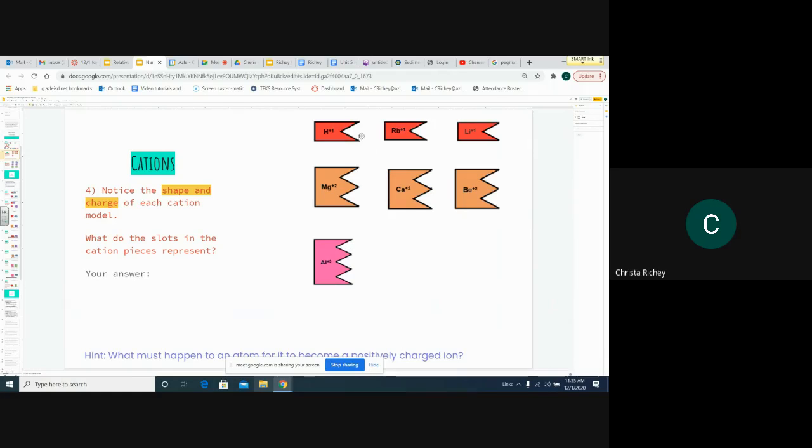Okay, so hydrogen, rubidium, and lithium are all dealing with the motion of how many electrons each? How many divots are there? One. So how many electrons are being moved with each one of those separately? One. Magnesium, calcium, and beryllium are dealing with two divots. So each one of them is dealing with the motion of how many electrons?